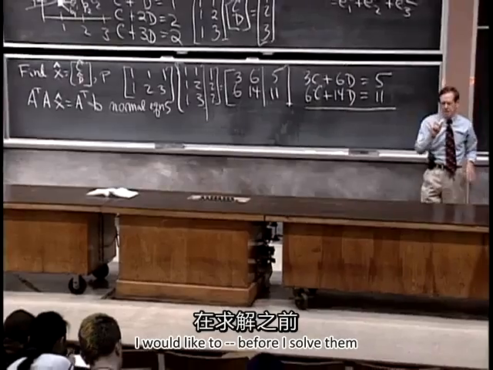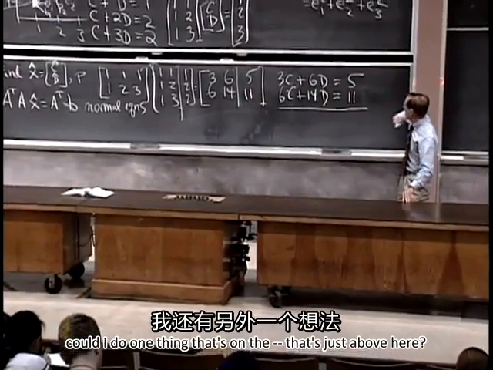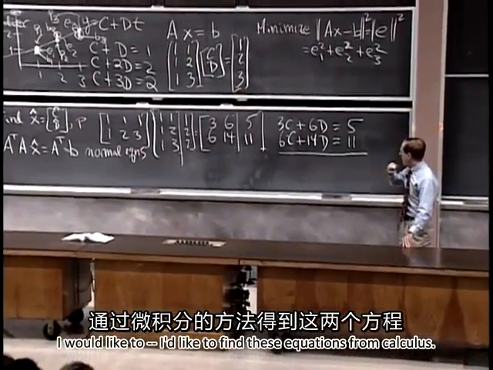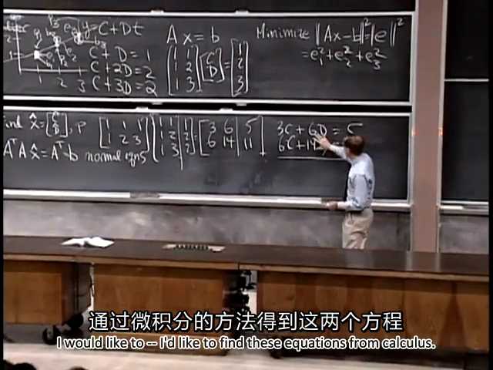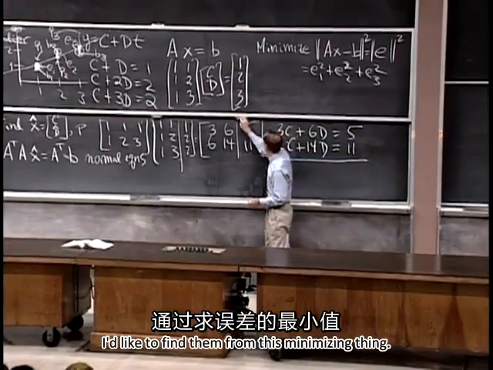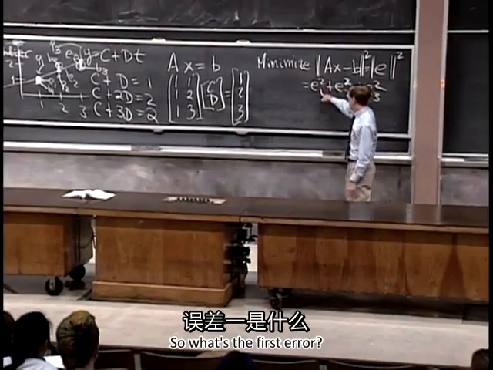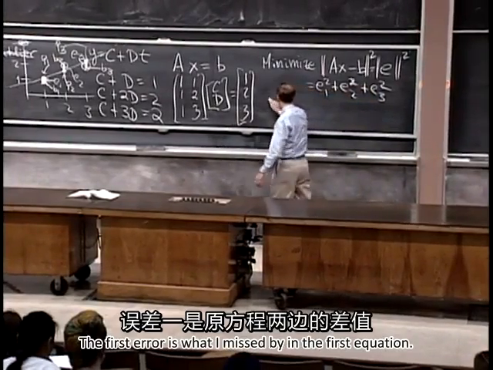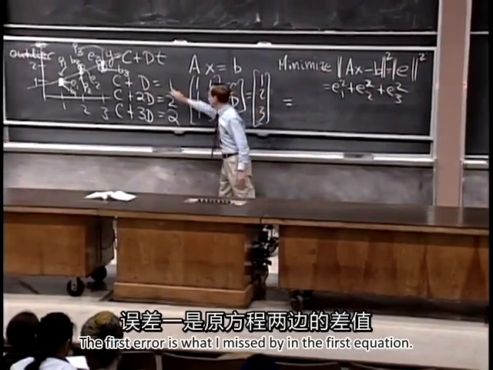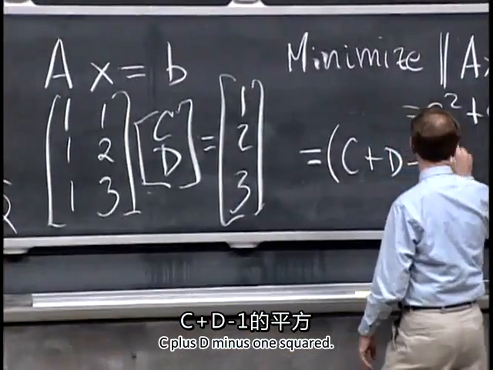Before I solve them, could I do one thing that's just above here? I'd like to find these equations from calculus. I'd like to find them from this minimizing thing. So what's the first error? The first error is what I missed by in the first equation: C plus D minus 1, squared.